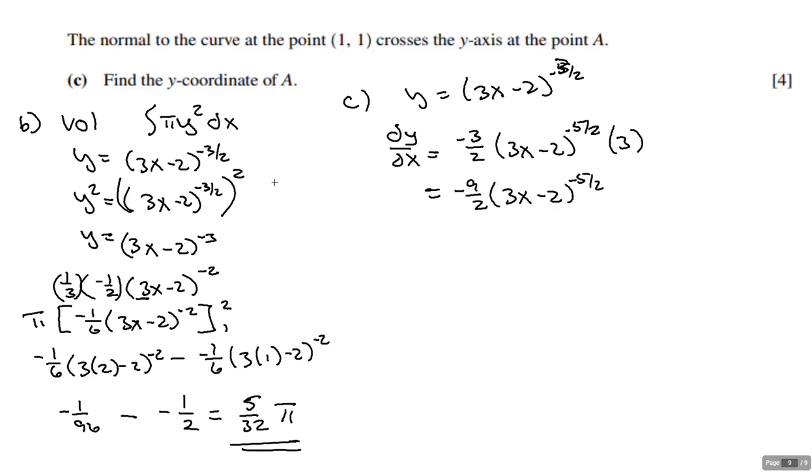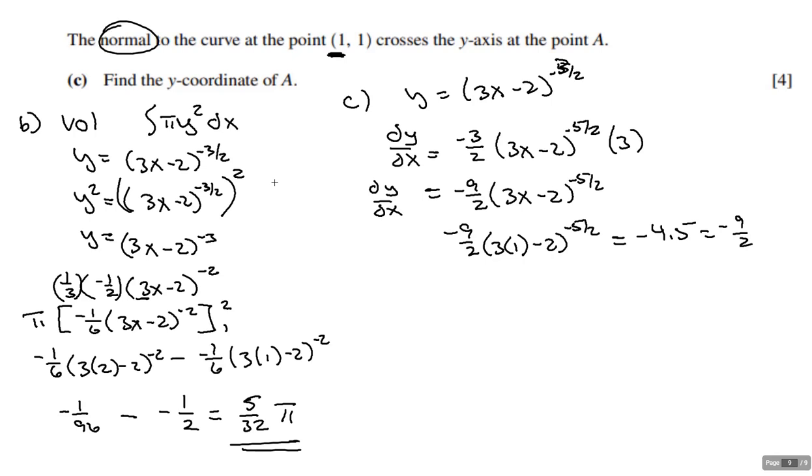Then what I'm going to do is I'm going to substitute in this x equals 1. That's going to give me the tangent slope. And when I get that, I'm going to have -9/2. And when I do the reciprocal opposite, it's going to be 2/9. So that's going to be my slope of my normal.